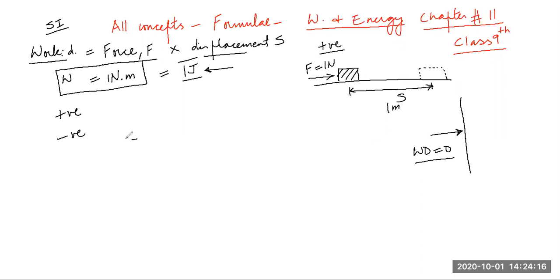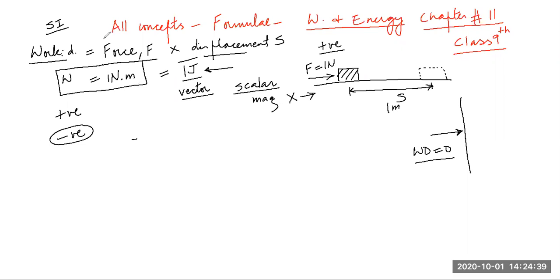Let's say I take the example of negative work done. Work done is not a vector quantity. There is no direction for work done. Rather, it's a scalar quantity. A scalar quantity only has magnitude but no direction, right?